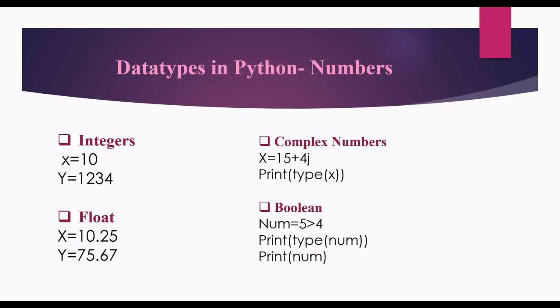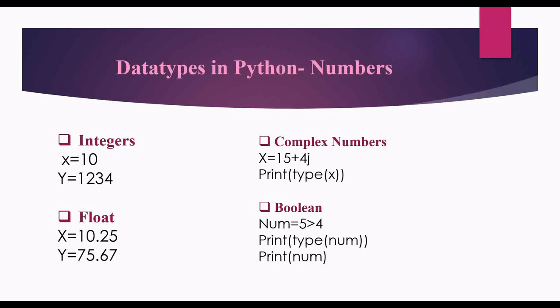Next we have boolean, which is used for categorical output, since the output of a boolean can be either true or false. So let's say we have written a program like num equals 5 is greater than 4. Then this particular thing is going to be checked. Firstly, we want to print the type of num, then we will see the output.